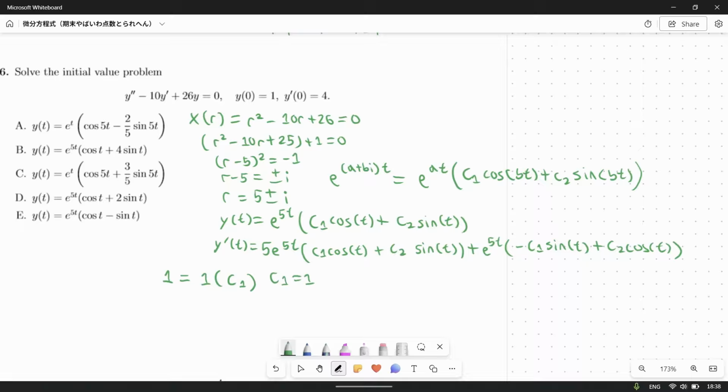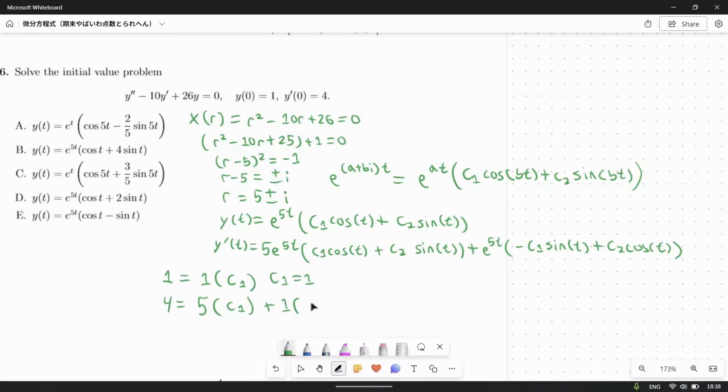Now we can focus on the derivative case. We know that y prime of 0 is 4, so 4 is going to be equal to 1 times, cosine of 0 is 1 and sine of 0 is 0, so we can get rid of all the sine terms. So we end up with 5 times c sub 1 plus 1 times c sub 2.